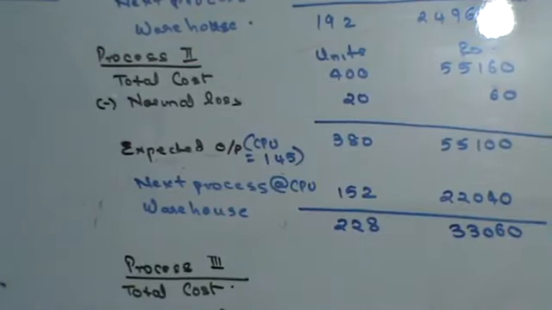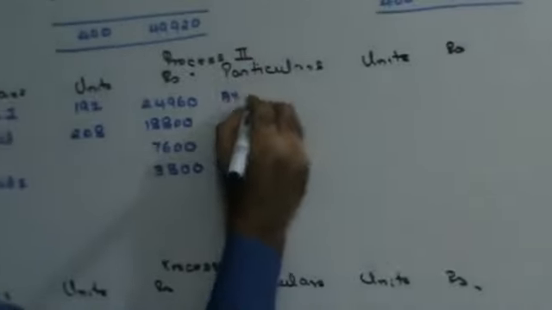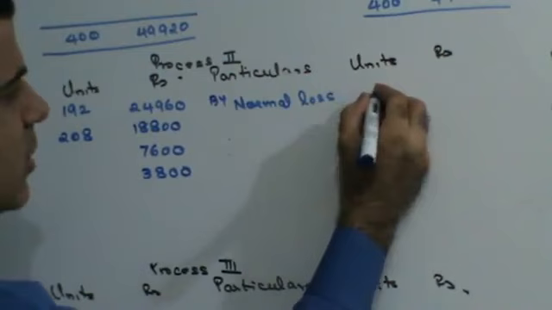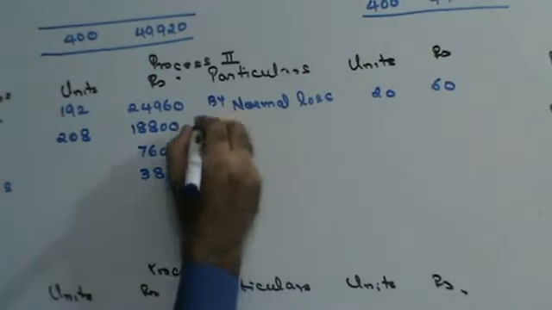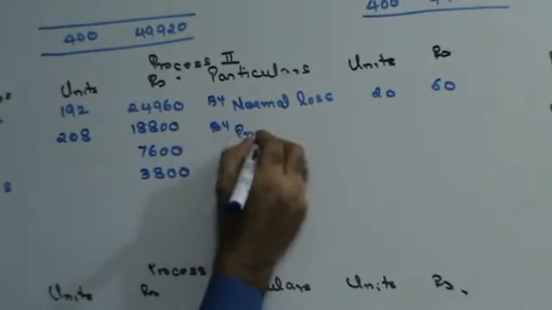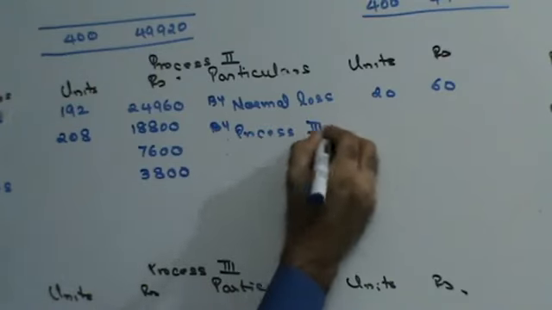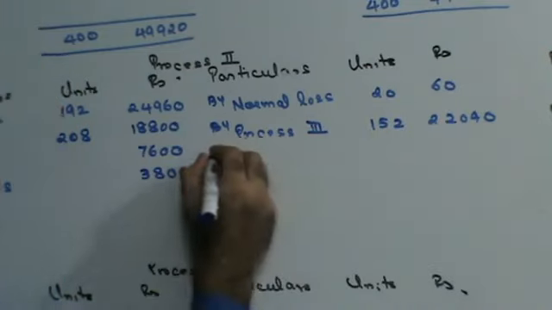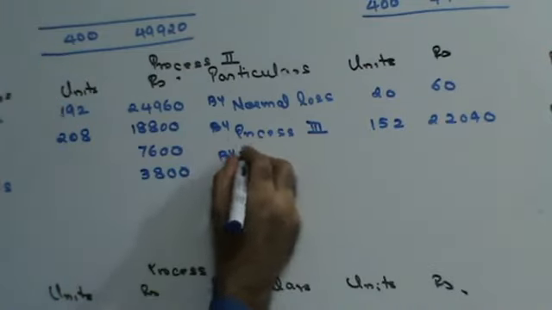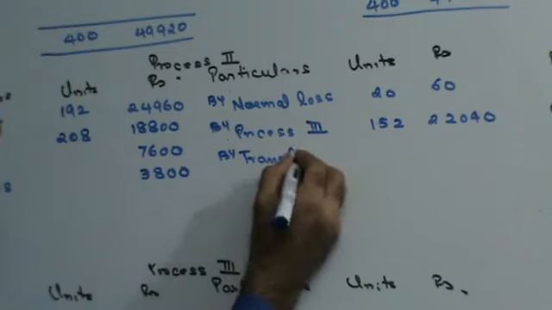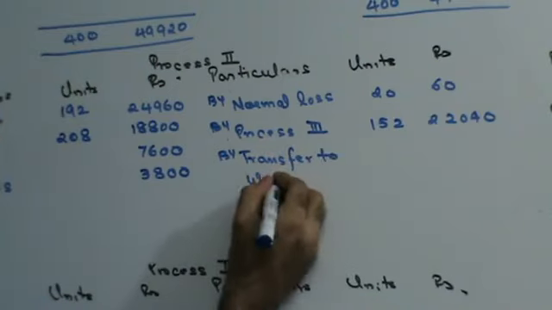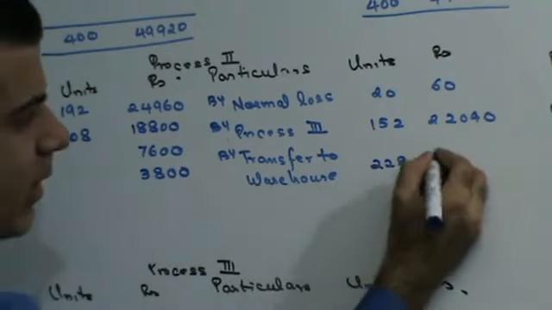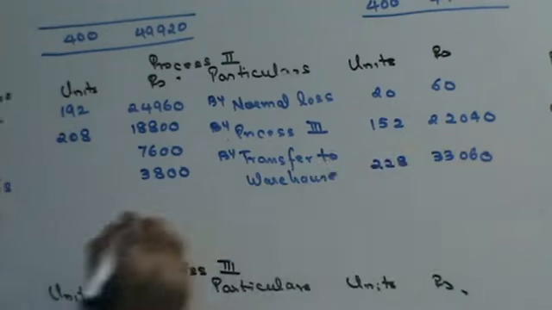Let's transfer this. This is going to be by normal loss. Normal loss is 20 and 60, by process 3. Process 3 is 152 and 22,040, and this is by transfer to warehouse. Transfer to warehouse is 228 and 33,060.